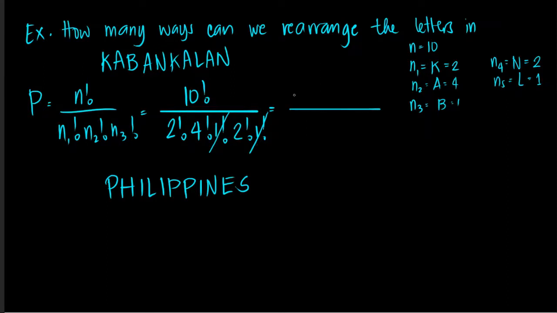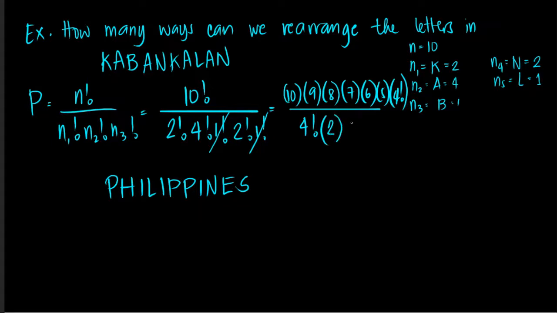Okay. So, with that, ang inyo na nga 10, pwede nyo na siya pagamayon. You have 10, 9, 8, 7, 6, 5, and then 4 factorial times 4 factorial times 2 factorial is just 2 times 1. So, 2 na lang na siya.